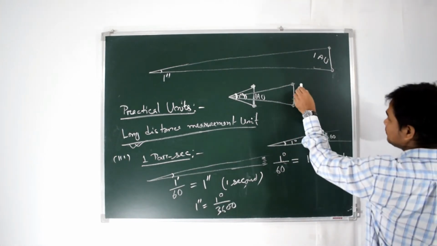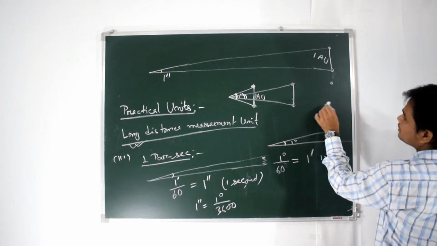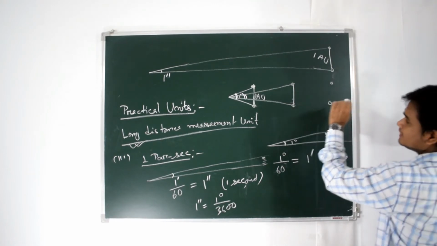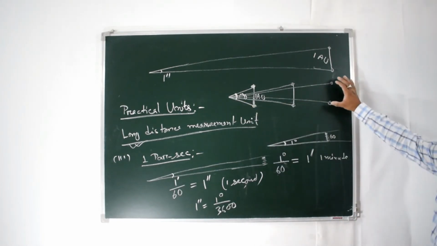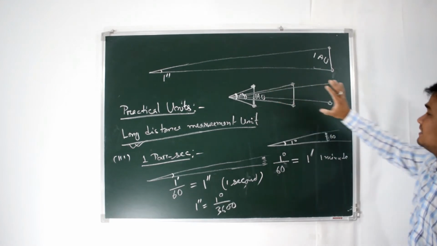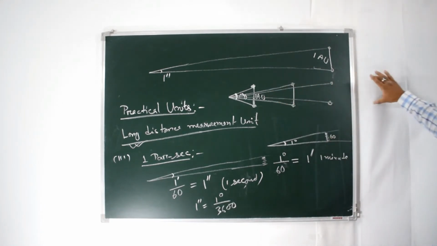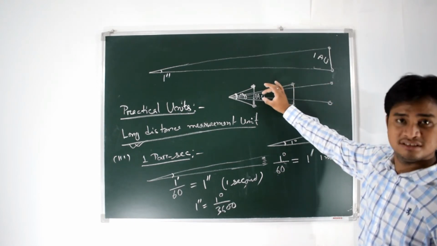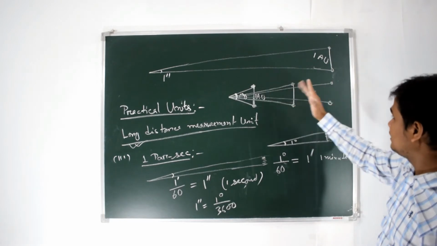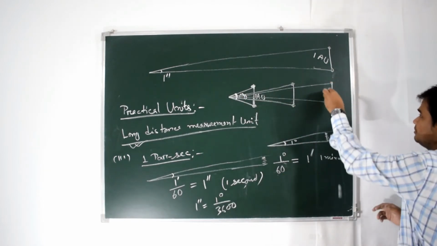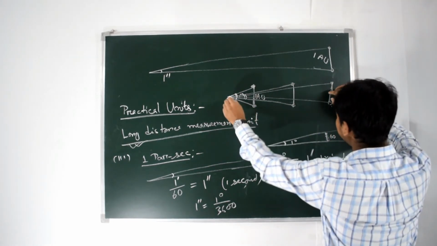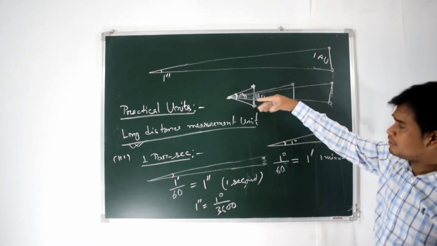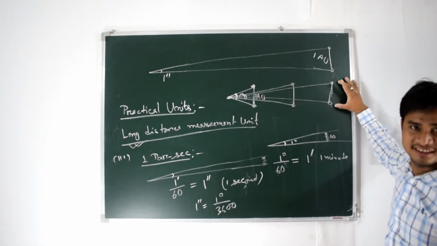Now if we go far away from this position, then what will happen? Distance is increasing and the angle is decreasing. Same, if you go beyond this value, far away, then the angle will decrease. When the distance between this 1 astronomical unit value and this center increases, the angle will decrease with increasing distance.